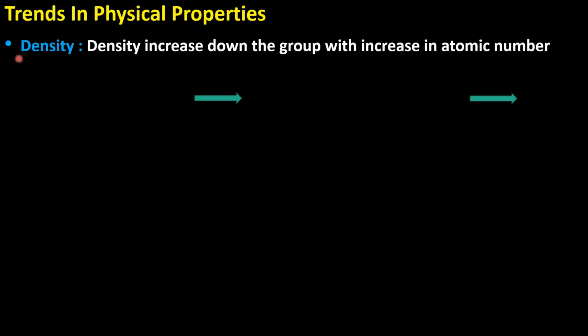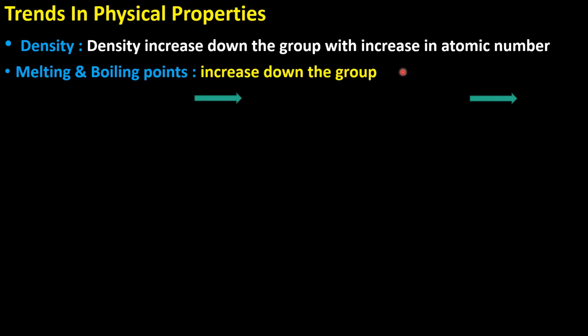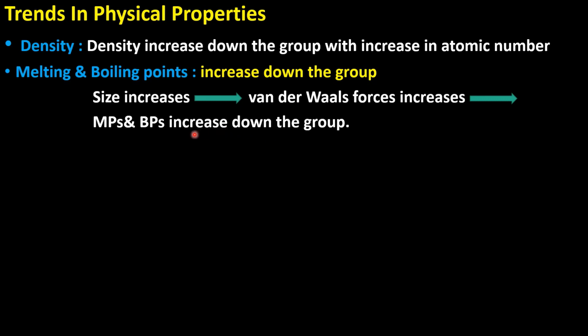Trends in physical properties. Density. Density increases down the group with increase in atomic number. With increase in atomic number, atomic mass increases, therefore density increases down the group, that is from oxygen to polonium. Melting and boiling points. Melting and boiling points increase down the group.